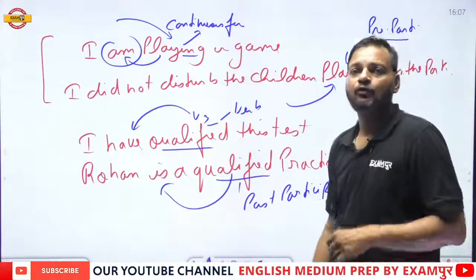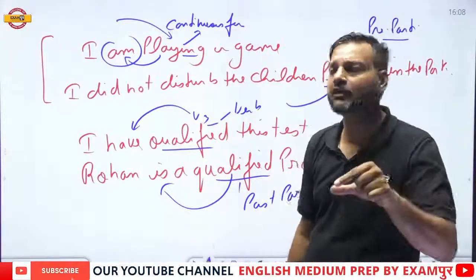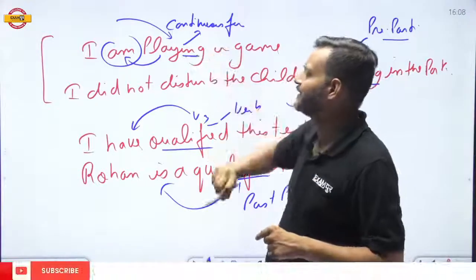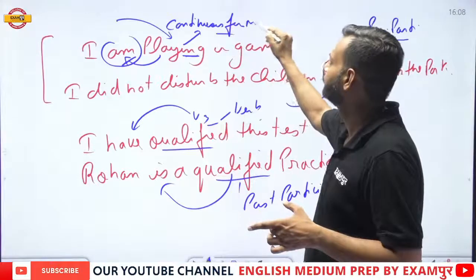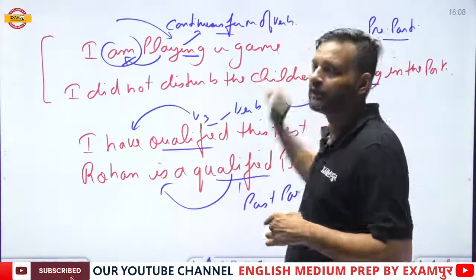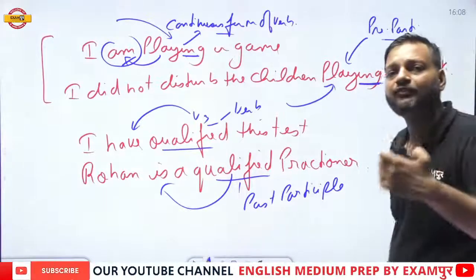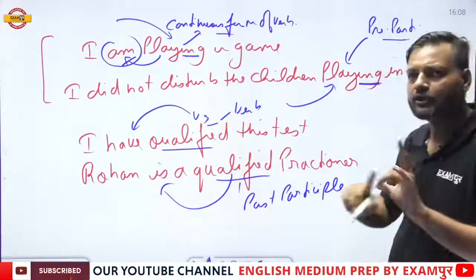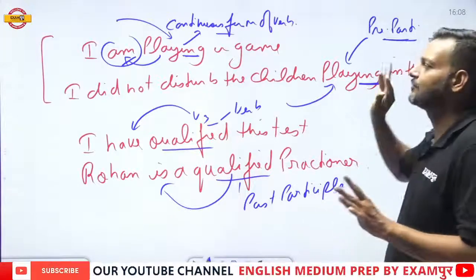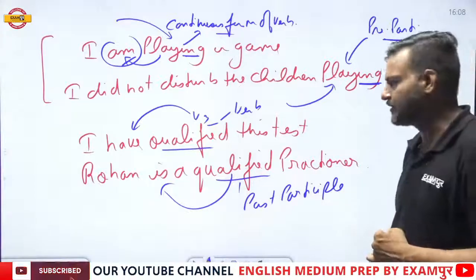So when a verb with ing is used with a be verb, it is the continuous form. And when a verb with ing is used without a be verb, it is not continuous form, it is a present participle. So remember this difference.